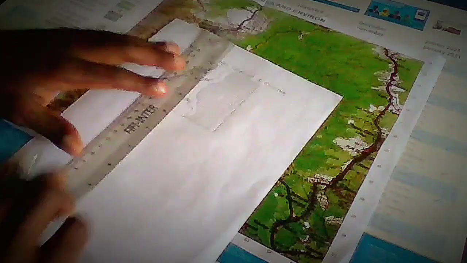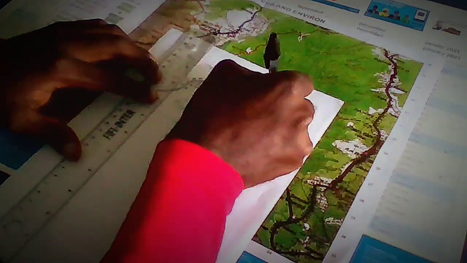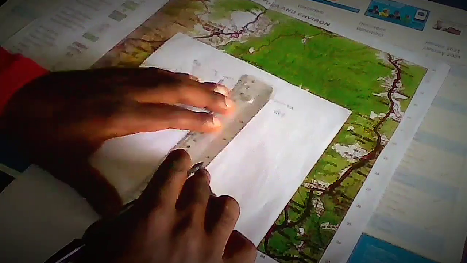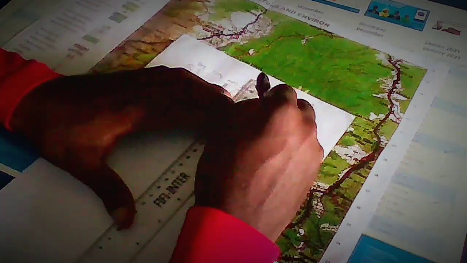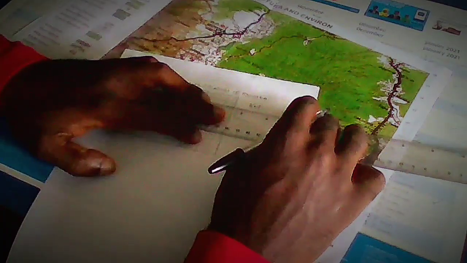Okay. Then from here, I can give it my key. What do I have here? Features. You should not draw this with a free hand, please.